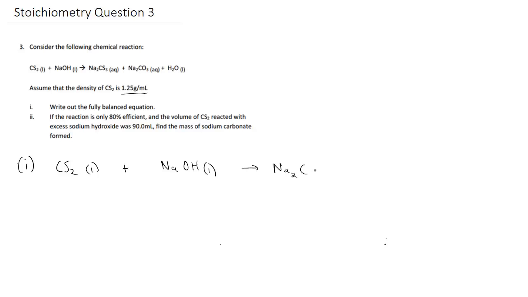And this balancing might take a bit of trial and error because it's a pretty long equation. And also, it's sort of a non-standard equation as well in many ways.